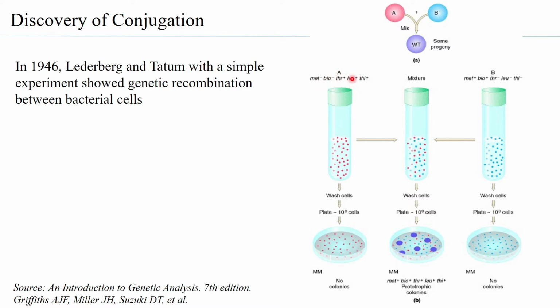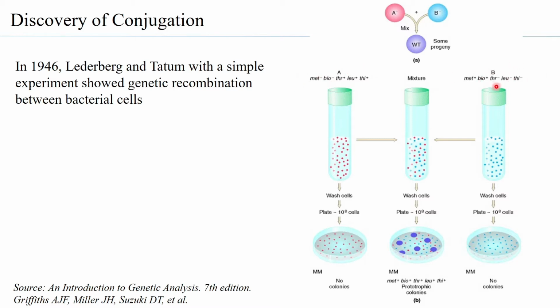Because this strain A will grow in a media that contains methionine and biotin. Because it is not able to synthesize methionine and biotin, if you provide them from outside, then strain A will survive in the minimal media supplemented with those products that are not formed by the mutant.